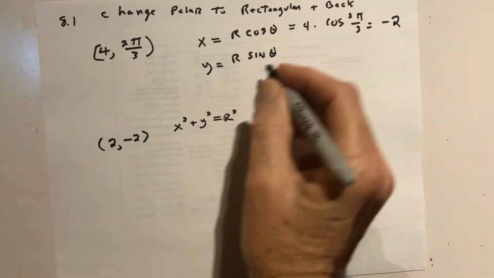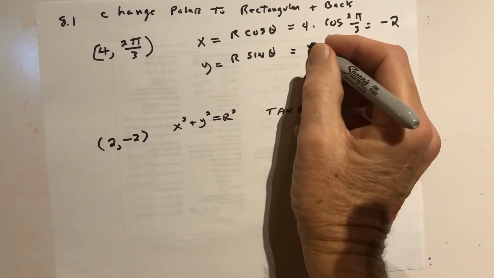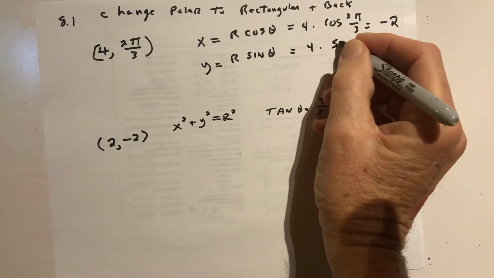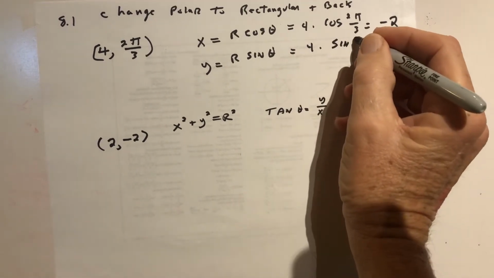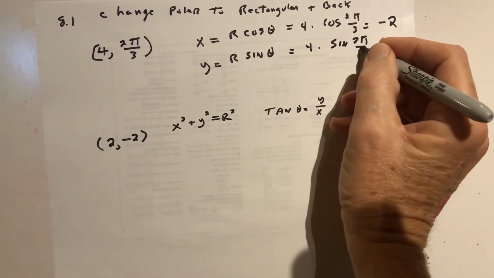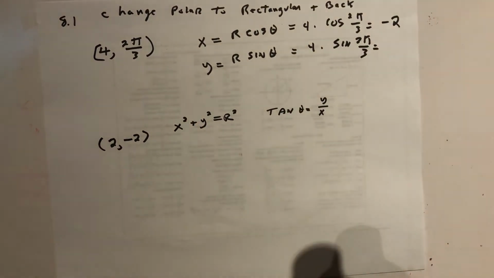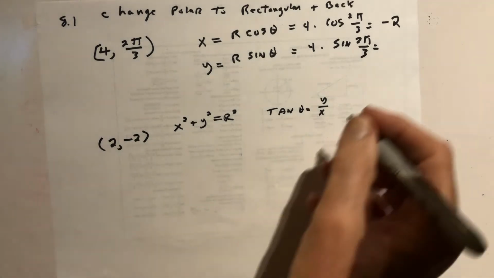All right, to get the y answer, it's just the same thing, except instead of cosine, it's sine of 2 pi over 3. Put that in your calculator, and you get 2 root 3.